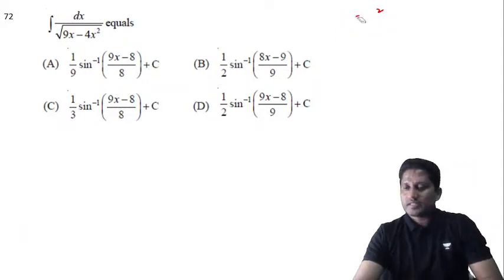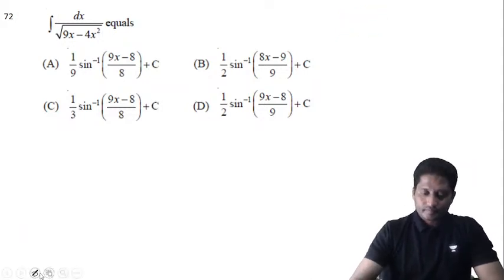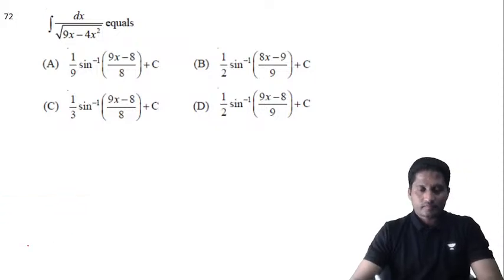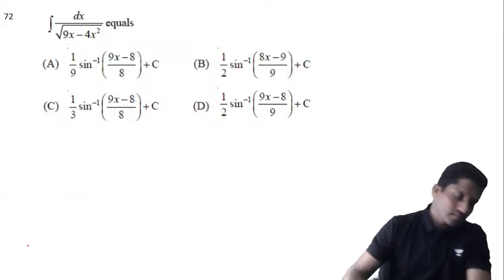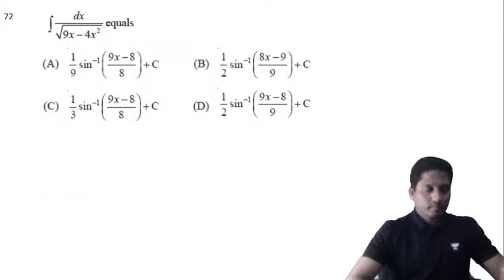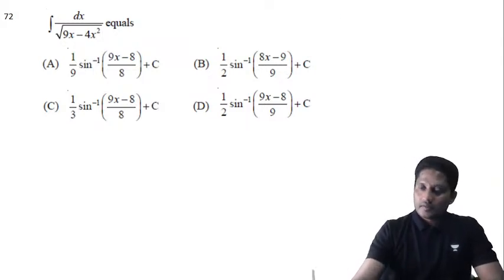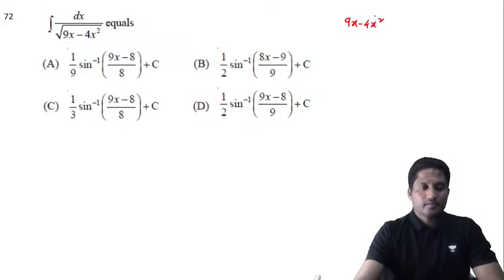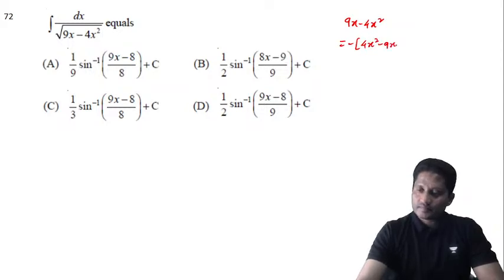First you complete the squares. 9x minus 4x square. If you take minus common, you will get 4x square minus 9x. Minus, if I take 4 out, it will be x square minus 9 by 4x.